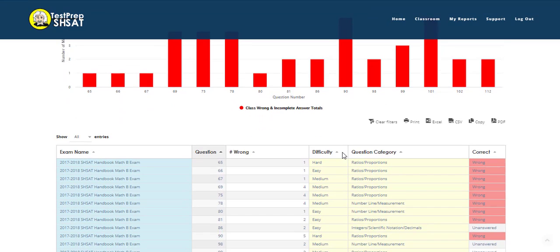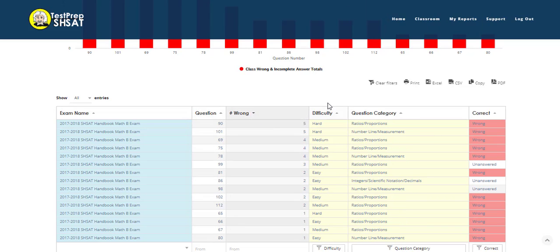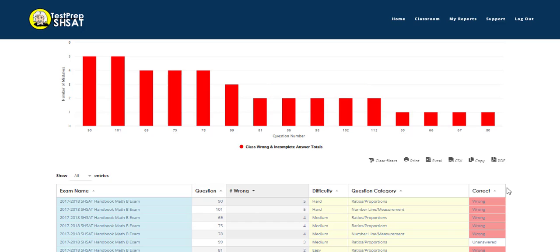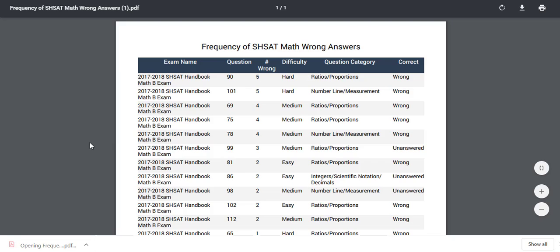Moreover, once I've done that and I have the information available in my table, I could sort it from highest mistake to lowest by question number, and perhaps I want to develop a PDF of that, which I can then print and use alongside my answer sheet and explanations for the next class.